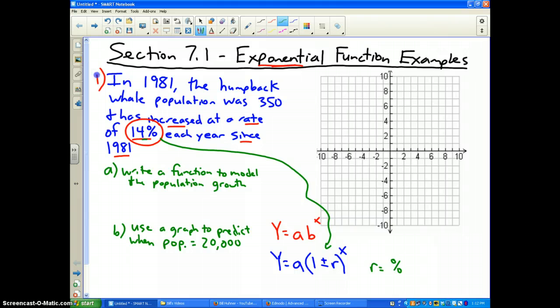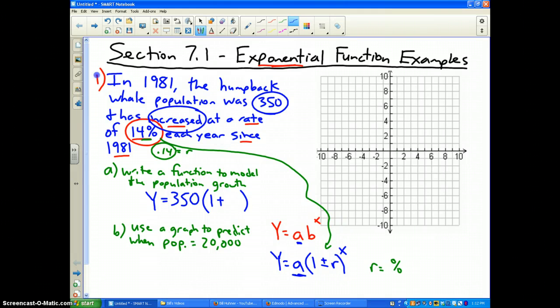Now, if I change 14% to a decimal, I get 0.14, which is my R value in that formula. So, I can write my function for population growth. Y equals, well, A, I said on the last video, is the start point. The population starts at 350. Now, in the parentheses, since it's increasing, my number's got to be bigger than 1.